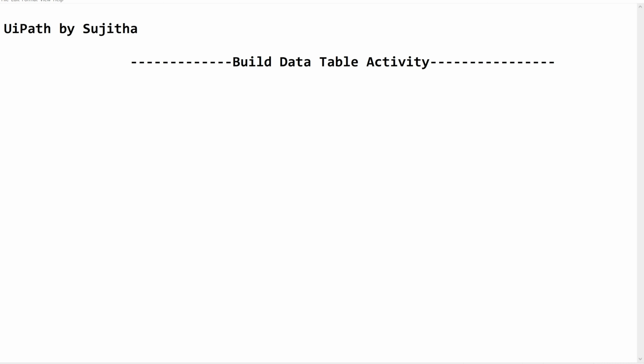Customized in the sense, using this activity, we can configure the number of columns and the data types, and for each row we can configure whether to allow the null values or not. We can use the auto increment option and so on. We'll let you know in detail about each of these properties. So build data table activity we use to create our customized data table.